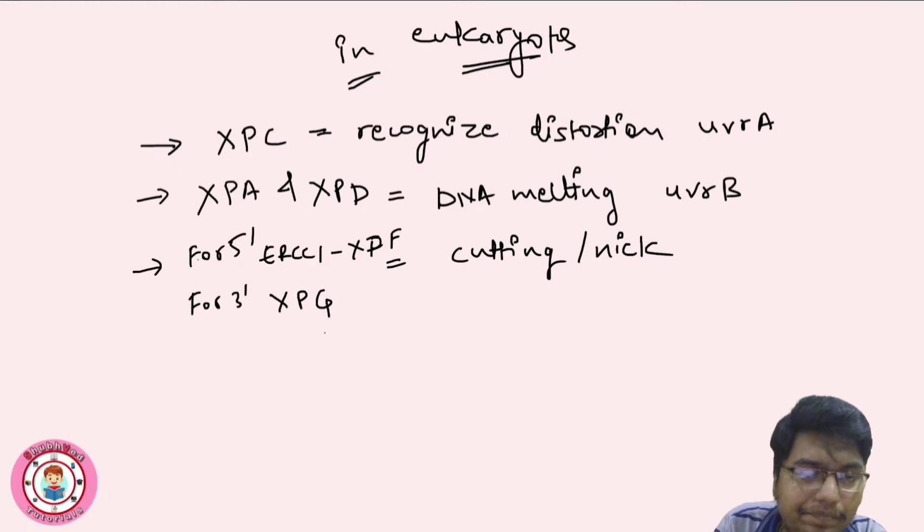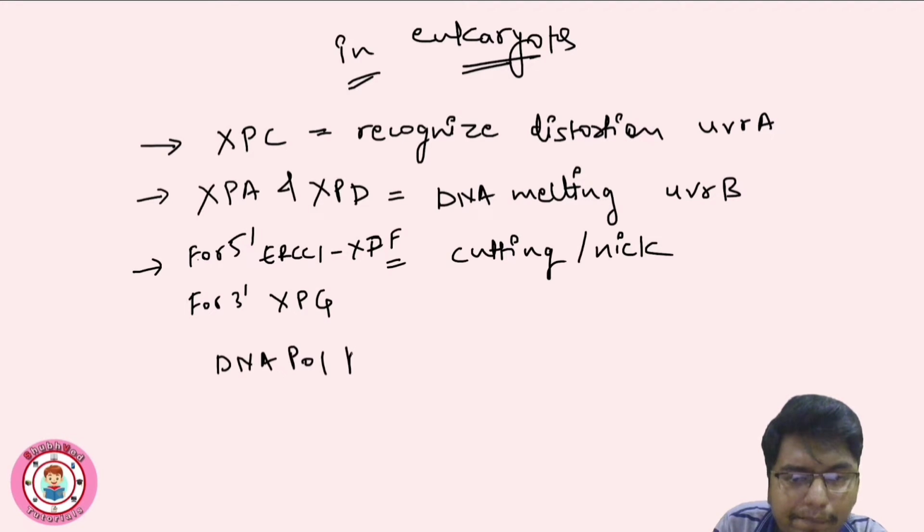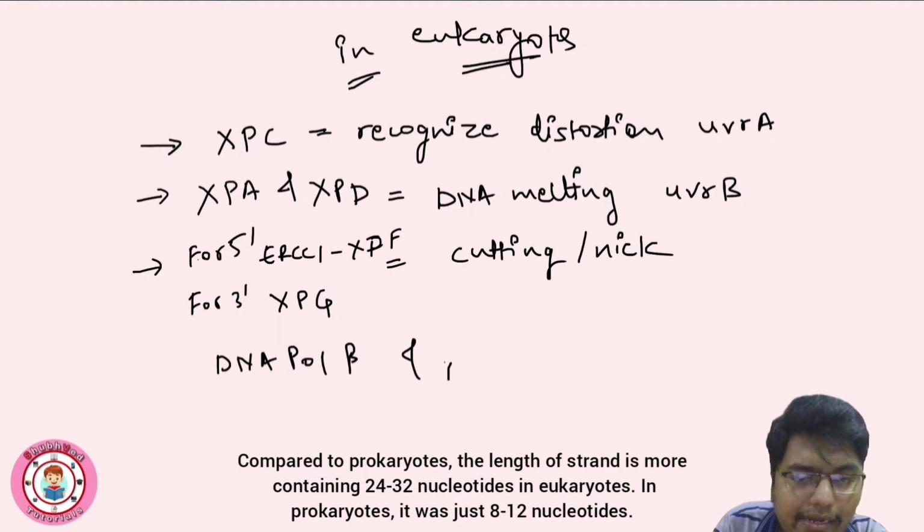ERCC1 XPF is for the 5 prime cut, and XPG is for the 3 prime cut. These are the proteins, and then the gap will be filled by DNA polymerase beta and DNA ligase.